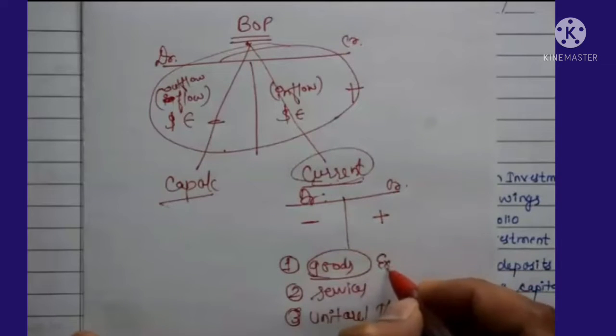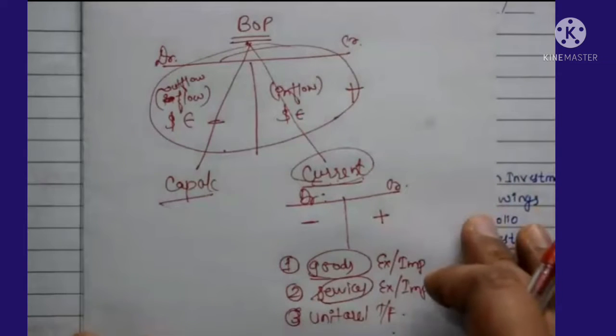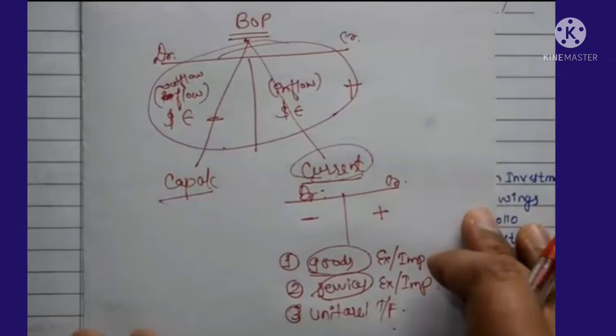So goods, it may be export and import, and services it may also be export and import. And unilateral transactions means things that have been transacted in a single way.